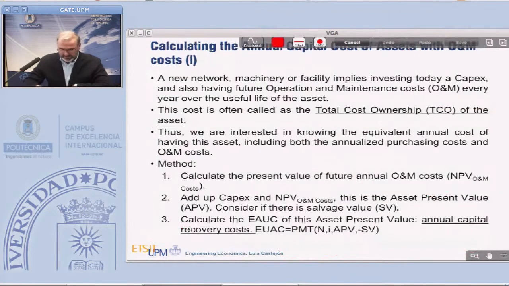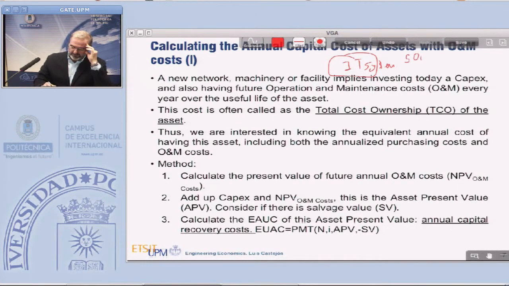And then let's see the total cost of ownership of buying a new asset. So imagine that you are an entrepreneur and you construct, you develop, and you buy one IT system that has a cost, the capex, for example 500,000 euros.